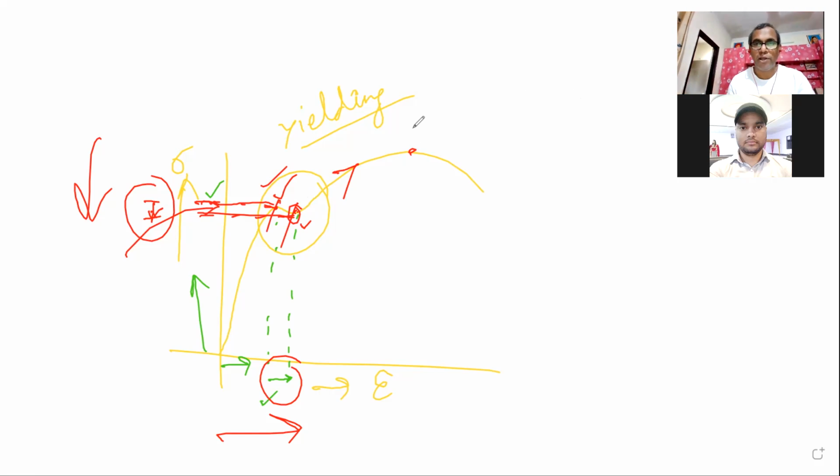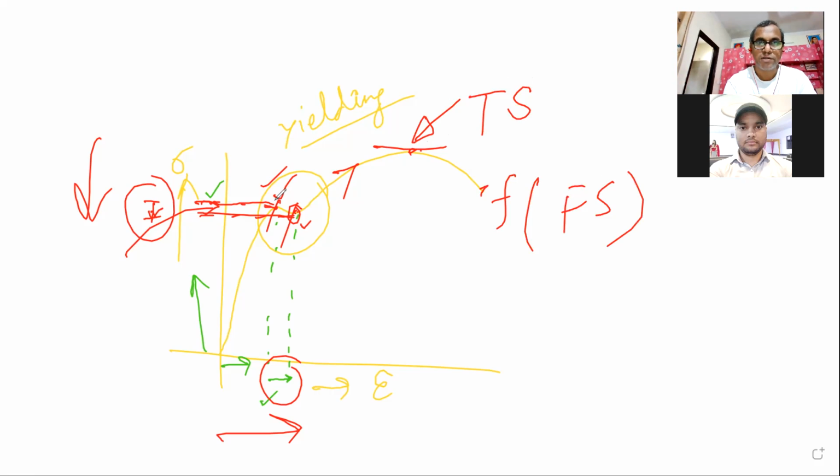Ultimately, we reach a point which is called the ultimate point, and finally the material fractures. So this is the value which is the strength, or sometimes we say tensile strength. Okay, and this is the fracture strength. This is called the yielding strength.